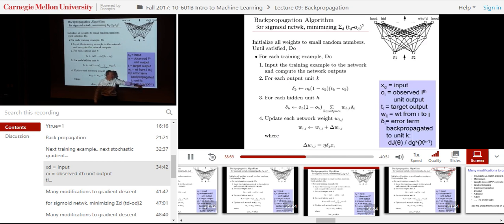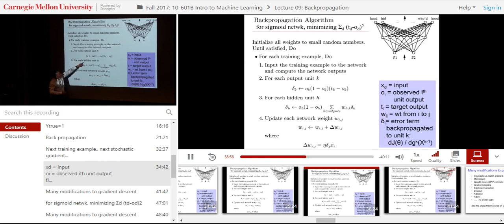So if we're on the kth unit in the network, this is the derivative of the cost function with respect to that internal value before it goes through the activation function. So that's what it is.